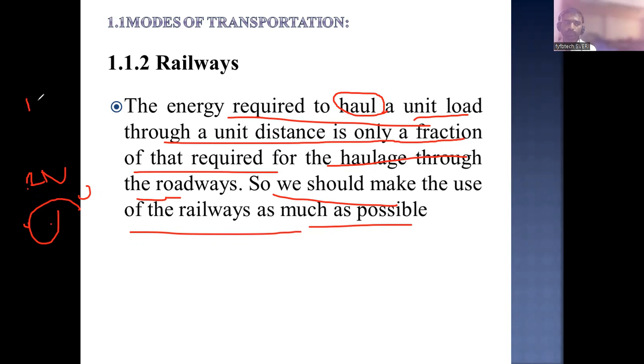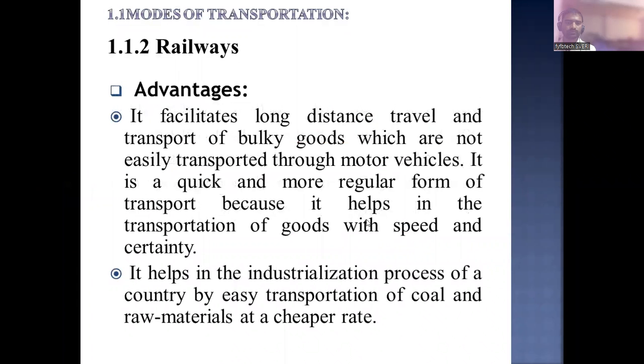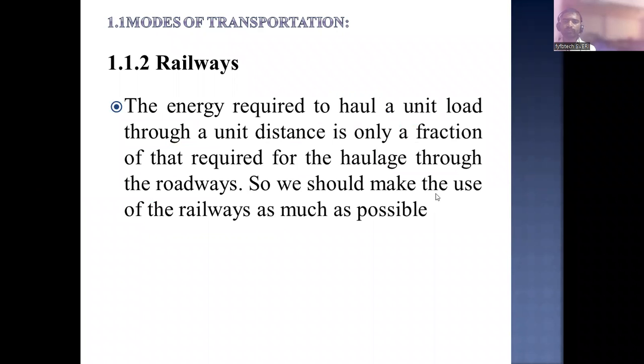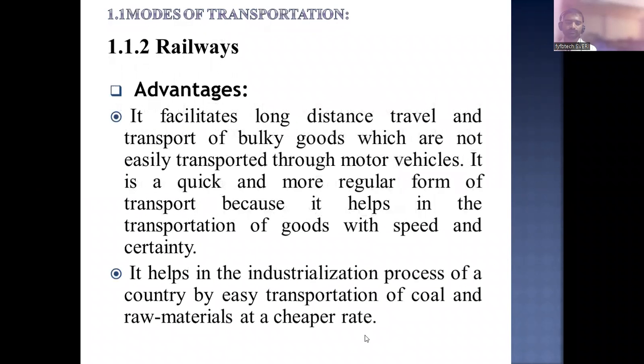Think that for a unit movement of load by roadways, 100 rupees is required, then how much is required for the railways? It is some fraction, maybe 10% or 20%. So we should make use of the railways as much as possible. That's why maximum people have to use the railways.